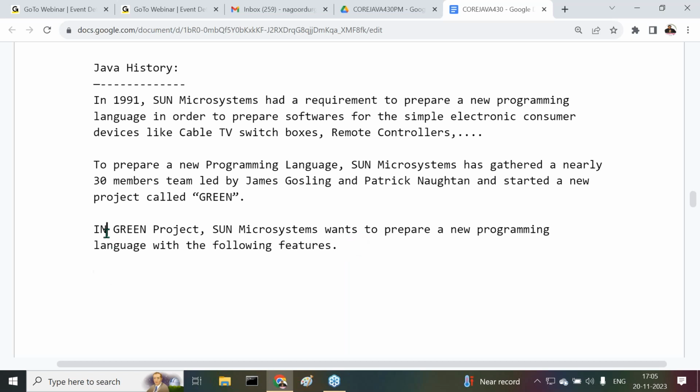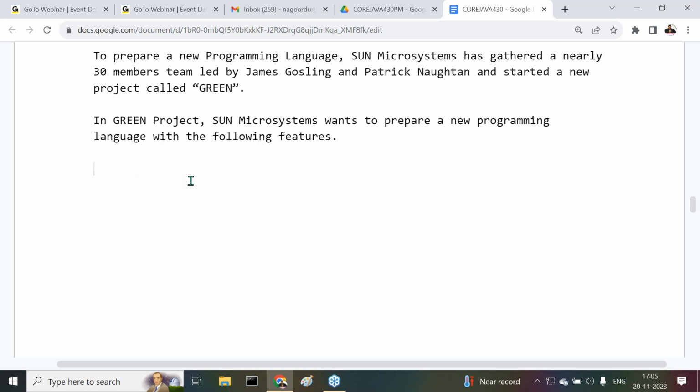What features does Sun Microsystems want to implement in the new programming language? Majorly, they concentrated on 3 features. If you want to prepare something, first of all, we need to have an idea on that particular thing or not.